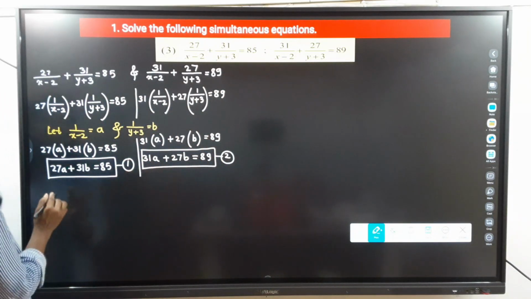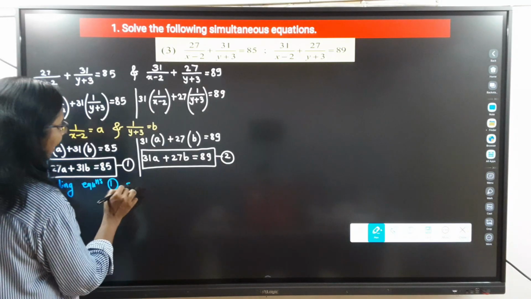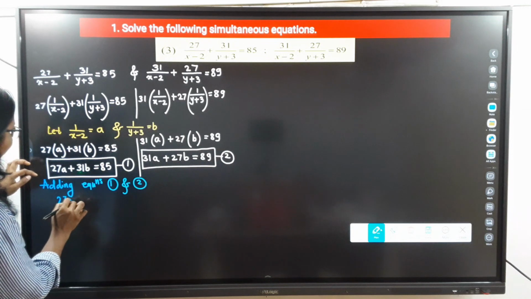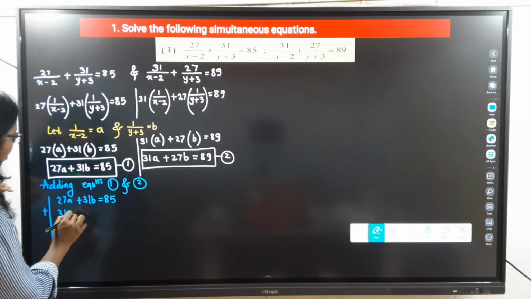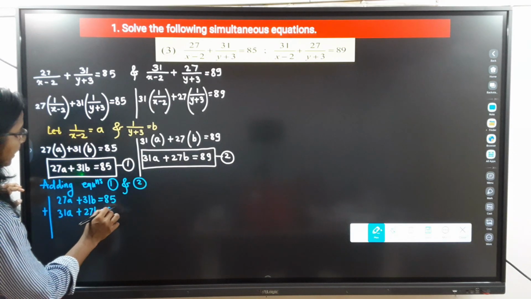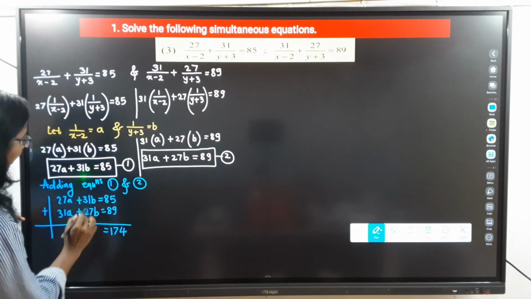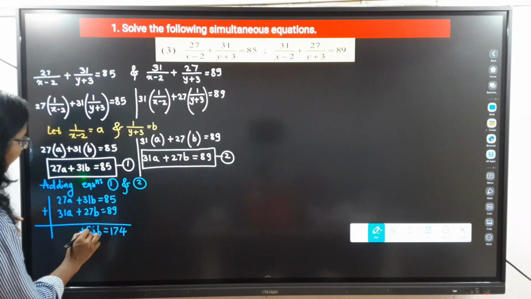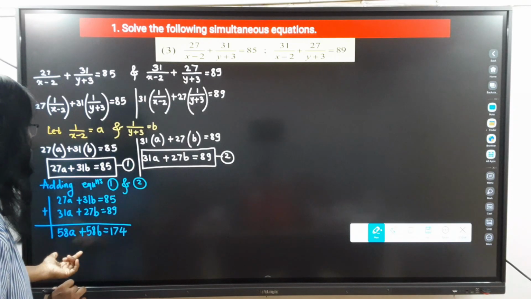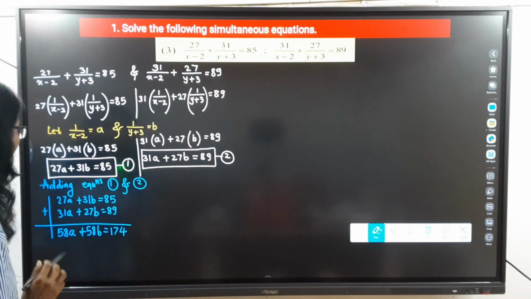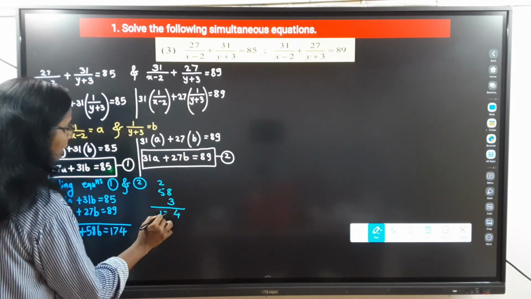So first, adding equations 1 and 2. 27a plus 31b is equal to 85, plus 31a plus 27b is equal to 89. So 58a plus 58b is equal to 174. 58 threes are 174, students.